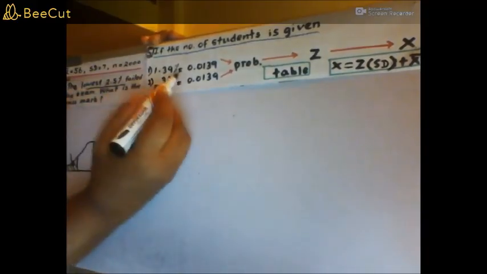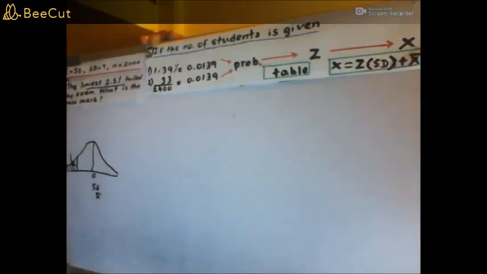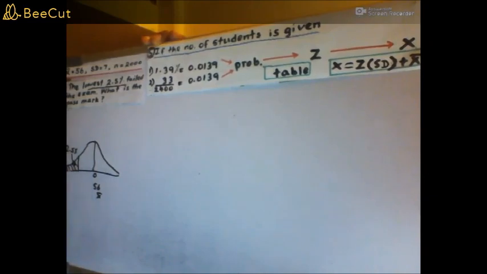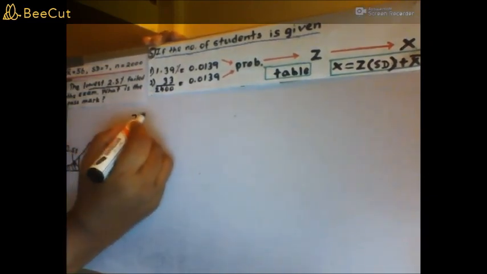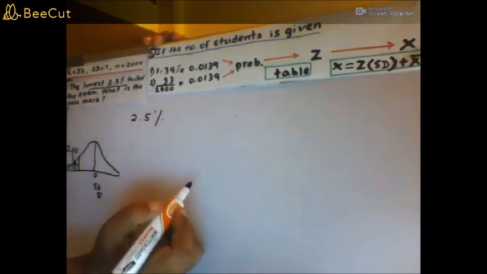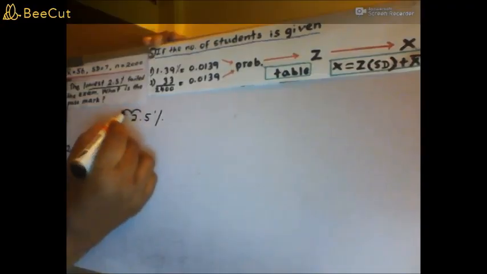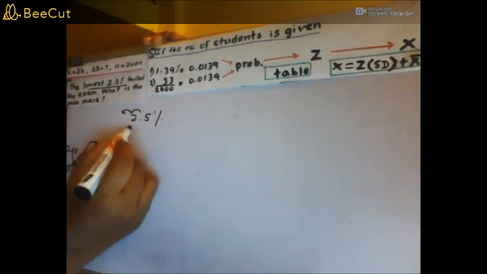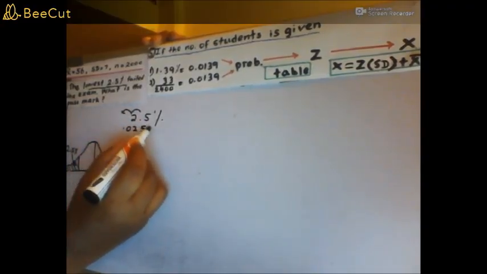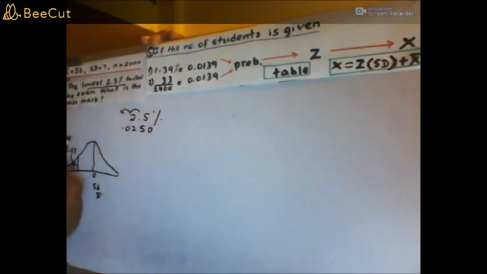Now here they have given it as a percentage, right? 2.5%. So 2.5% means what? As a percentage, we have already done this. So the probability is 0.0250, this area.